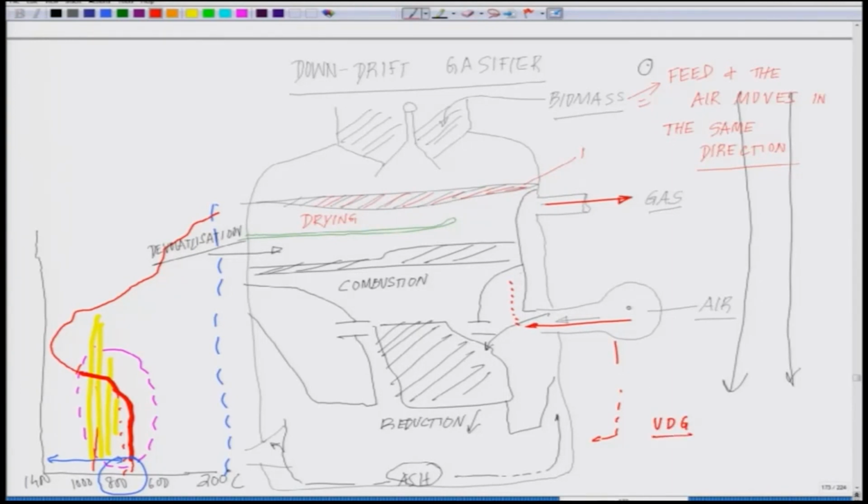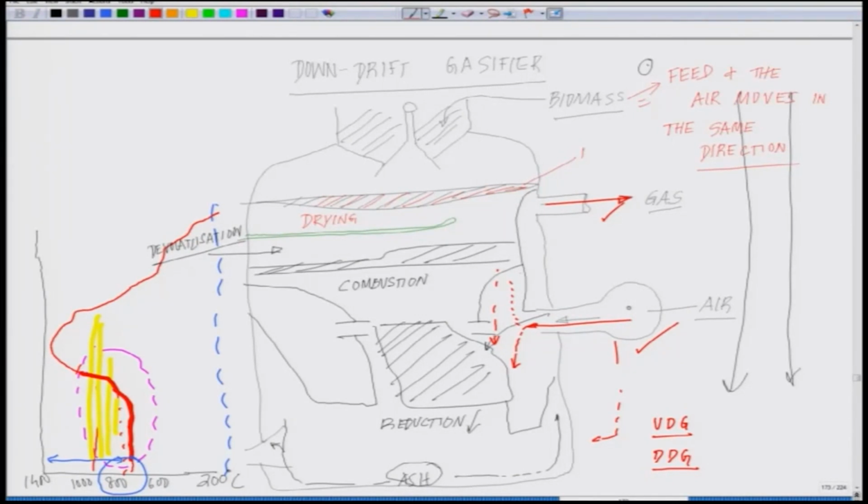And if the air is moving in this direction along with the movement of the feed, then we call it downdrift gasifier. But here the gas emission and the air are at different levels.